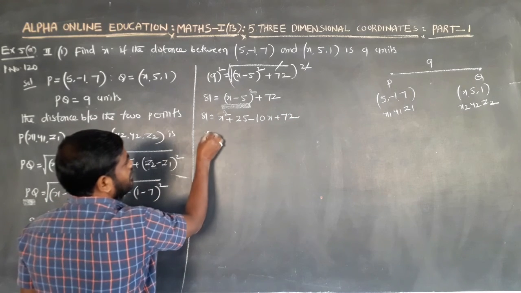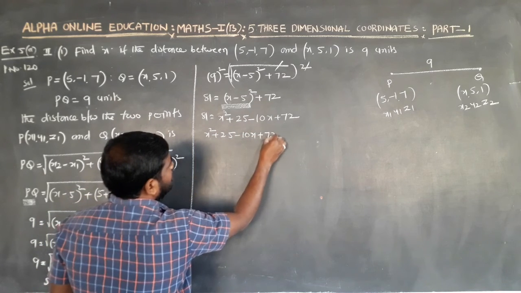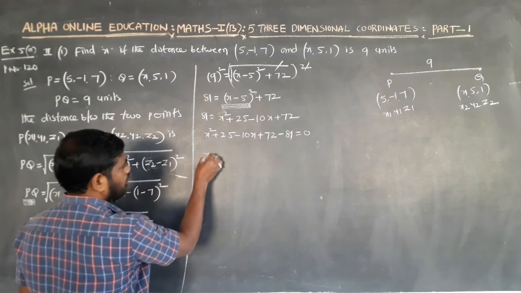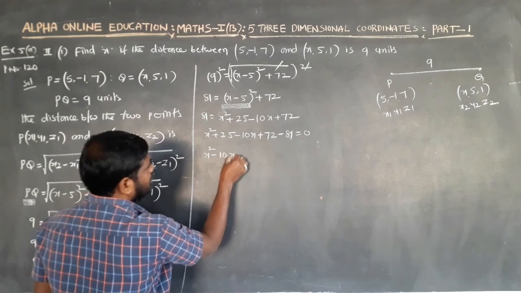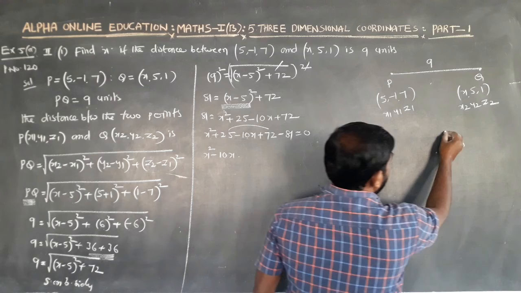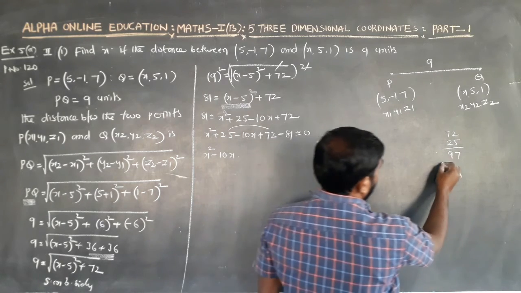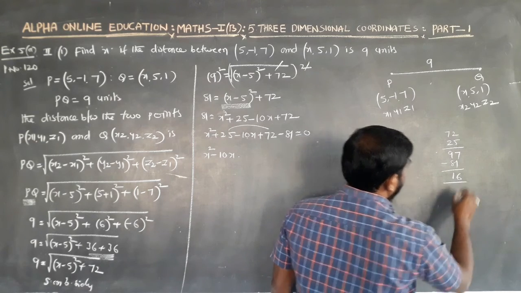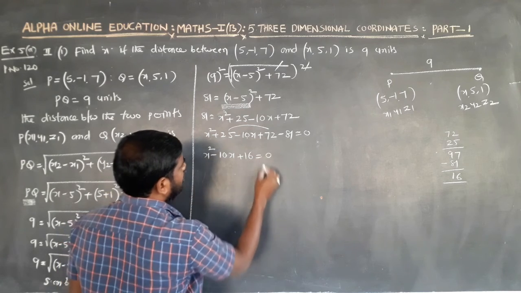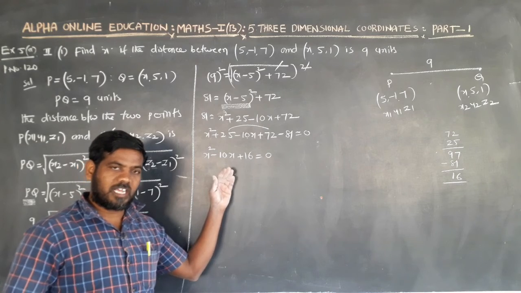Taking 81 to the right side: x² − 10x + 25 + 72 − 81 = 0. 25 + 72 is 97, minus 81 is 16. So x² − 10x + 16 = 0. This is the quadratic equation in x.